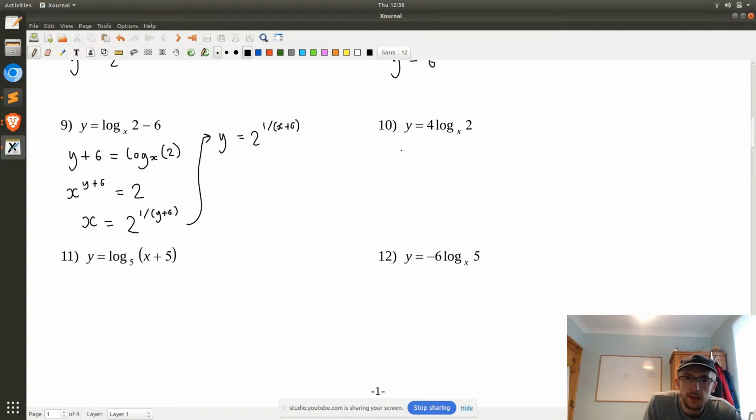And then here, divide by 4. Log base x of 2. X to the power of both sides. And take this root of both sides. Which means 1 over this, which means reciprocal.